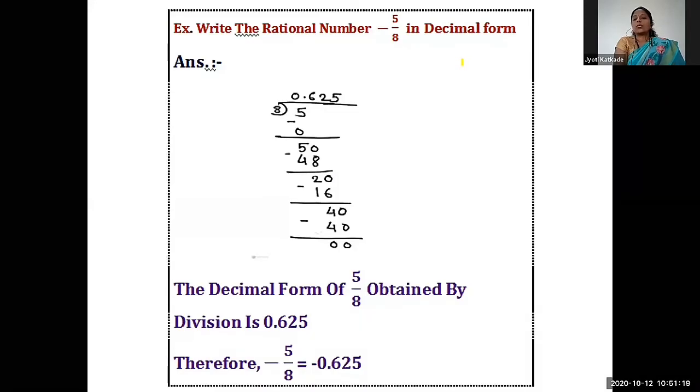So our quotient is 0.625 and remainder is 0 and divisor is 8.